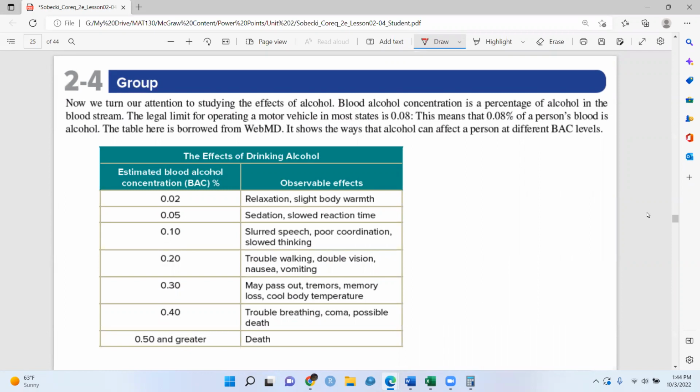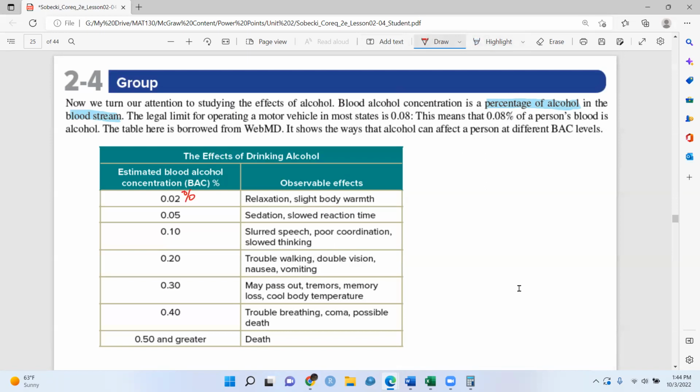Okay, so let's read our prompt here. Blood alcohol concentration is a percentage of alcohol in the bloodstream. So these numbers are given as percentages. I believe this is from WebMD. This is where our author got these things. They're pretty commonly understood numbers.